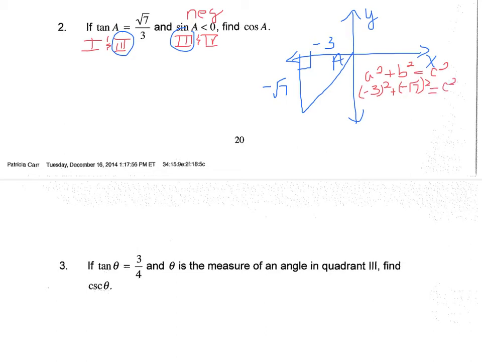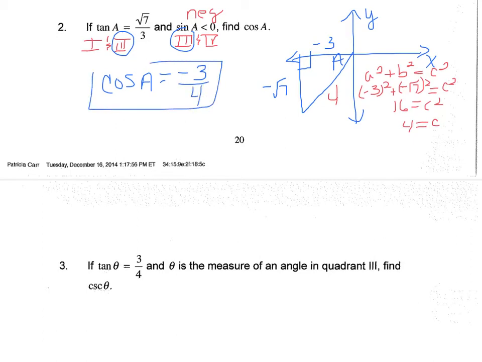I can put that in the calculator, and end up with 16 equals c squared. 4 is c. Since hypotenuses are always positive, there's 4. So the cosine of A, which is adjacent over hypotenuse, comes out to be a negative 3/4. Perfect. Okay, let's go on to another example here.